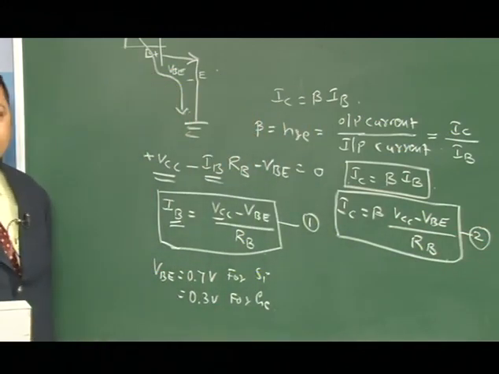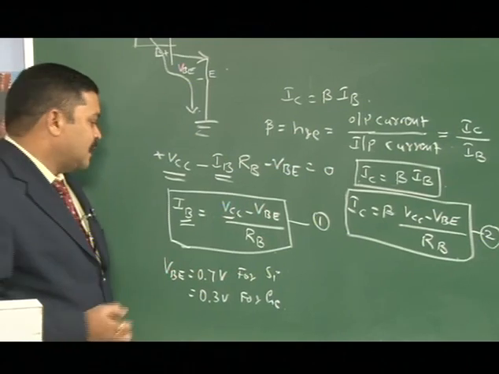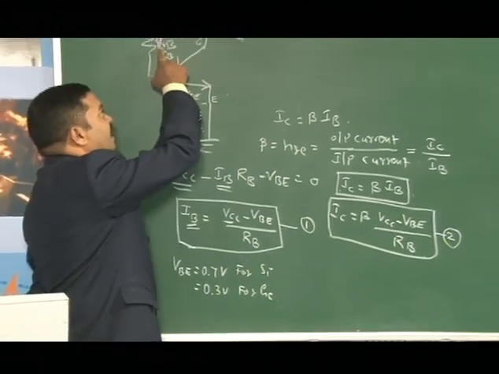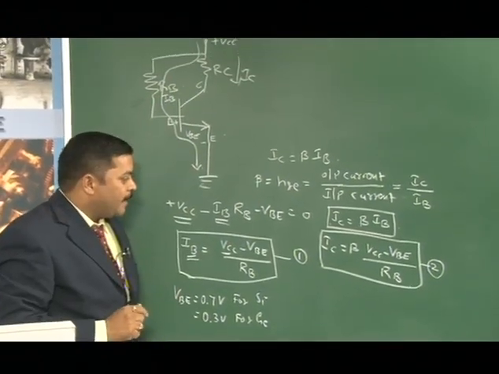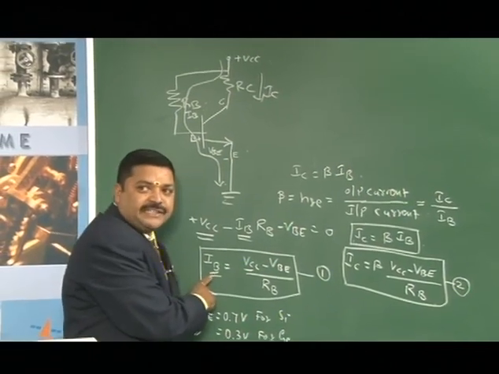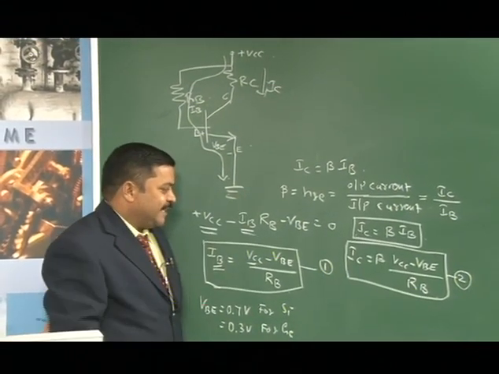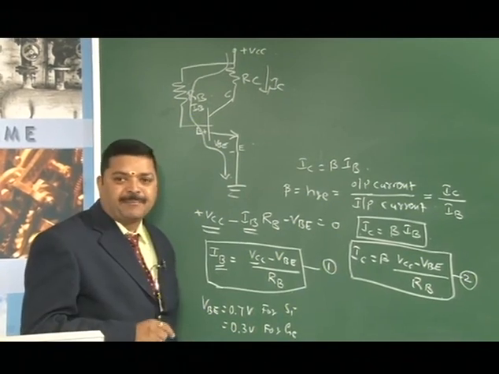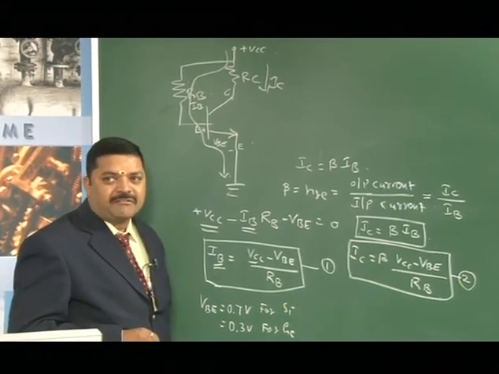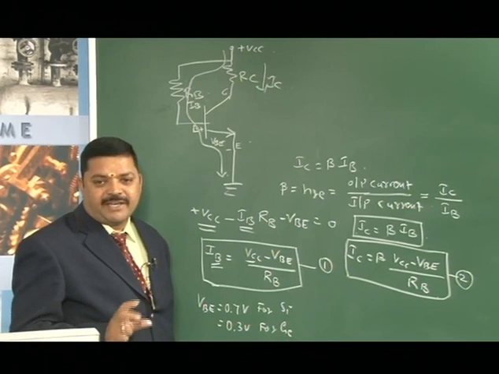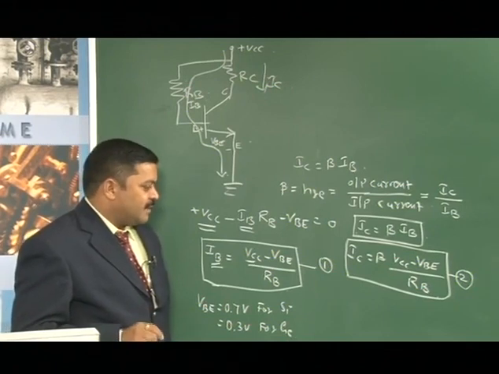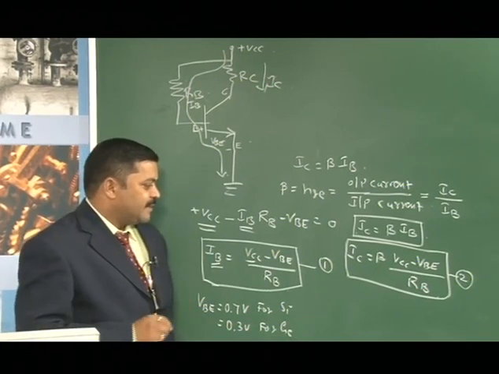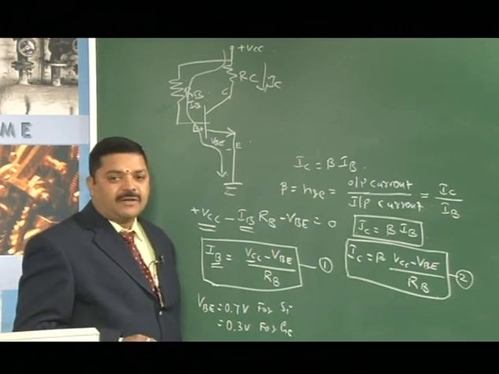So we get a constant current IB due to constant resistor RB, and since IB is constant, IC is also constant, but it depends on beta. As we know that beta varies with temperature, a slight variation will be there, but still anyway we achieved some constant current, the collector current.